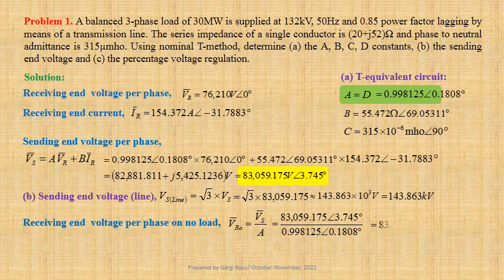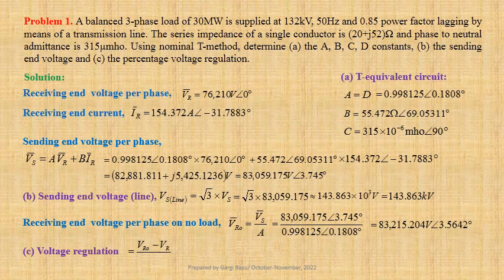That gives us 83,215.204 volt at an angle 3.5642 degree. Let us now determine voltage regulation, that is equal to VR0 minus VR divided by VR.